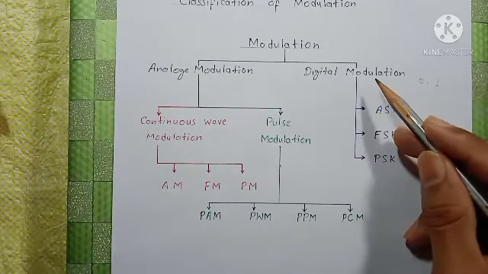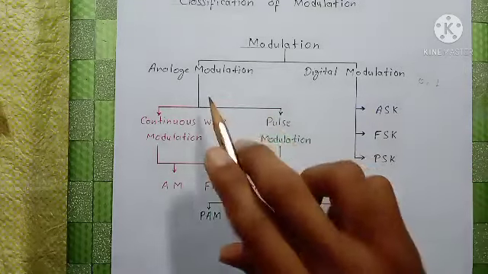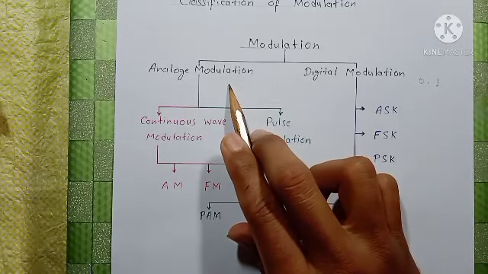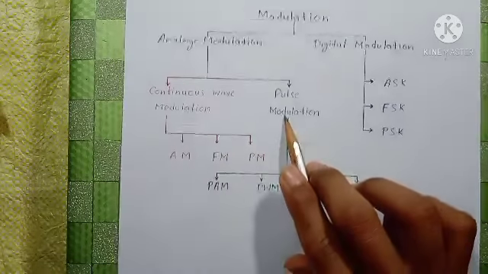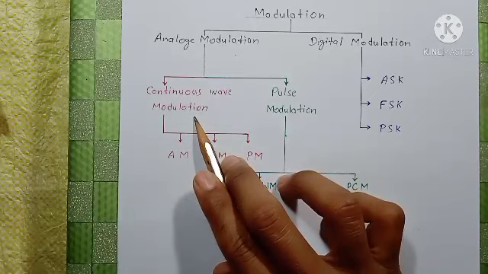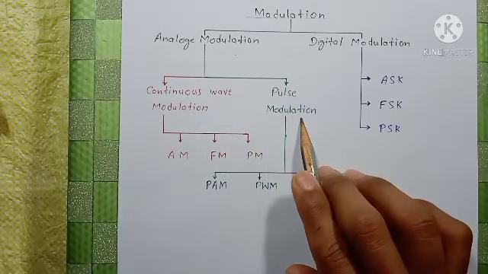Based on the type of carrier signal, this analog modulation can be further classified into two categories, and that is continuous wave modulation and pulse modulation.